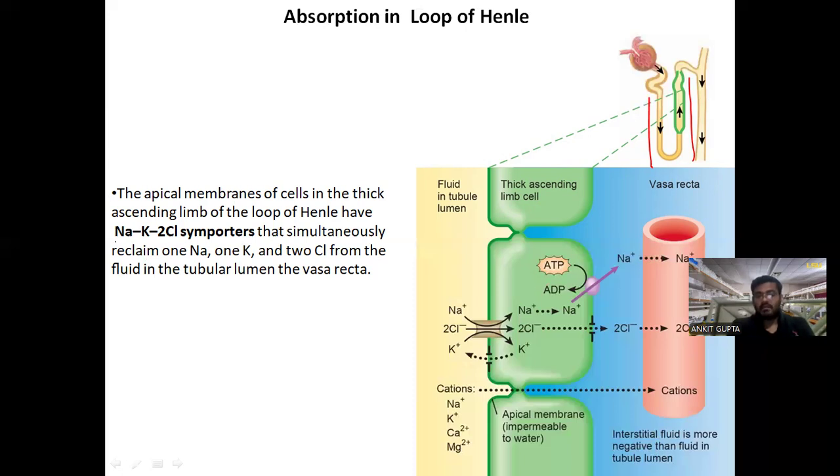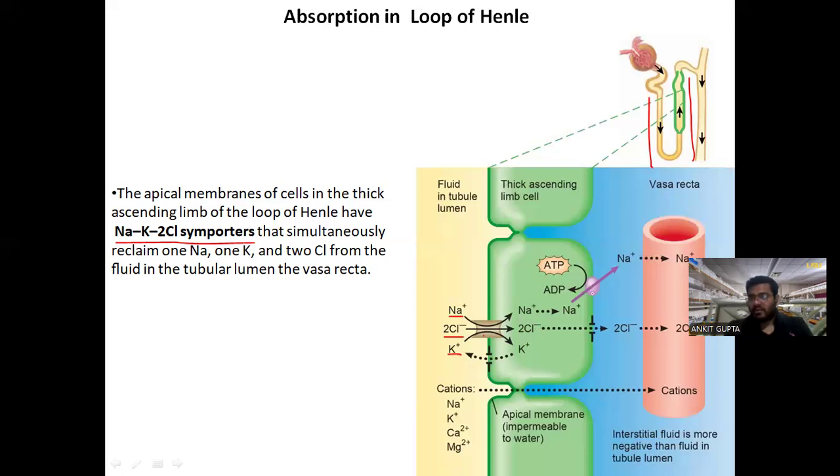We have taken an example of the sodium, potassium, and chloride symporter. This is a symporter protein over here. It is transporting one sodium ion, two chloride ions, and one potassium ion inside the cell.